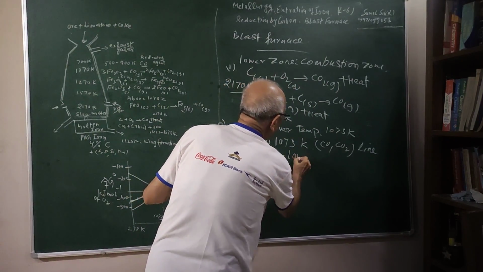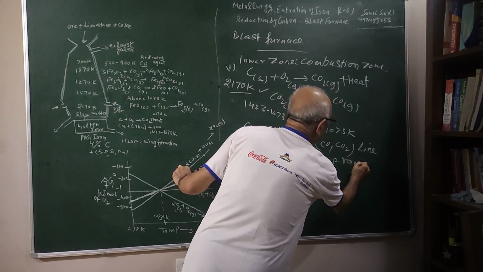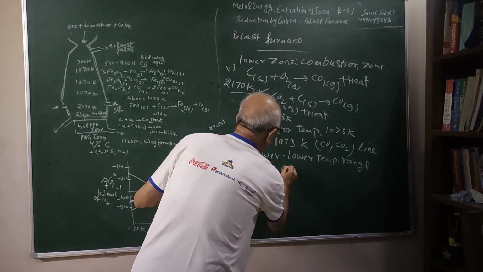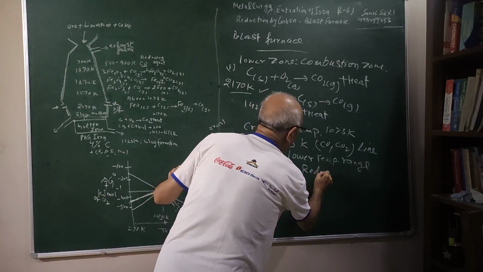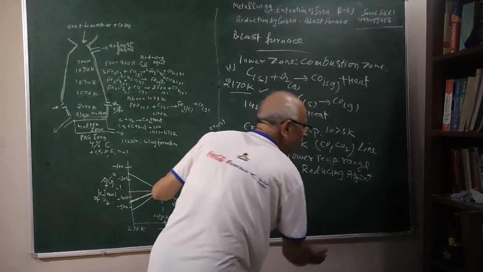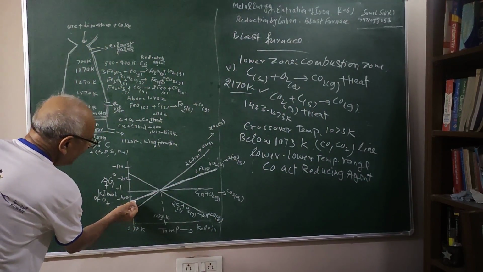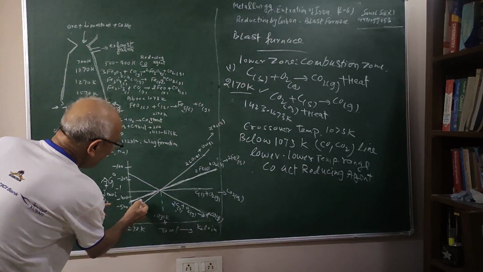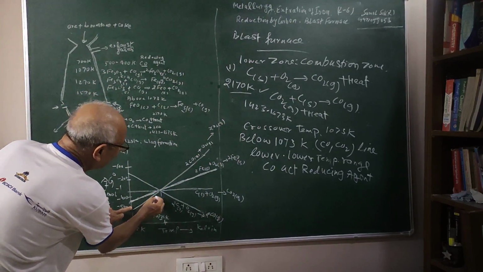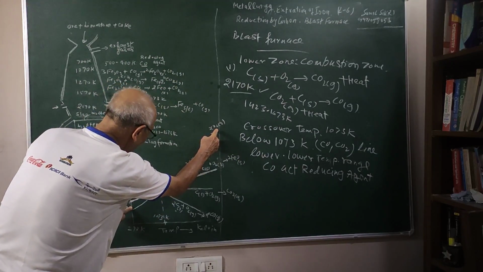Therefore, in the lower temperature range, CO will act as a reducing agent. Students, very important point to be noted down. This line is lower than this iron line. What is this line? This line, students, is carbon monoxide being oxidized to carbon dioxide.